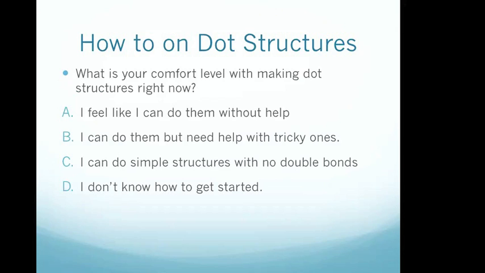I've got everything from, you feel pretty confident with them and don't need any help, you're okay on some of the easy ones but need help with the tricky ones, you can only do things as long as they don't have double bonds, or you just don't even know how to get started. So let me know where you are on dot structures. All right. So nobody's perfect on them, but we got a little bit of a range of where people are at the moment.